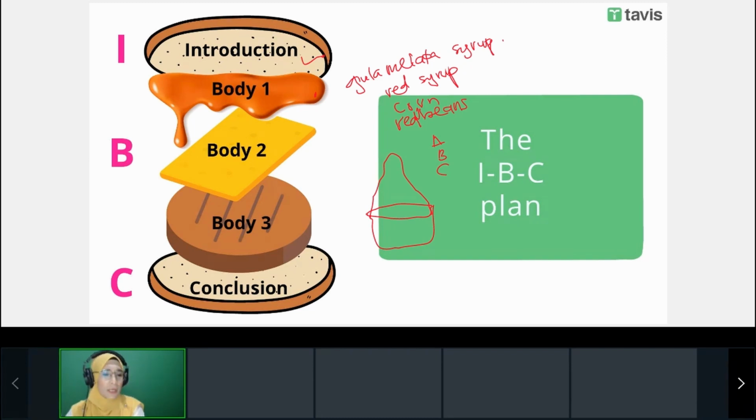There's so many kinds of sauces. But again, that is only sauces. And then you have your cheese. Cheese can be, I don't know, you prefer cheddar cheese, American cheese, Swiss cheese, as long as it is cheese. So that's a different kind for the body here.